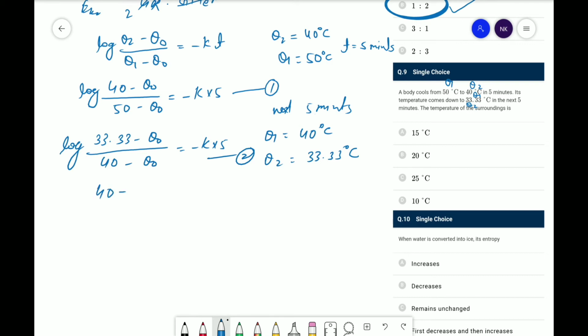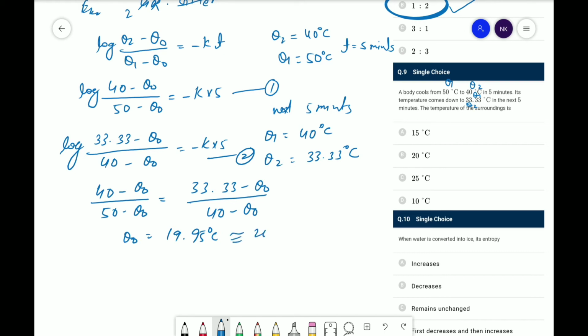Hence we get (40 minus theta naught) divided by (50 minus theta naught) equal to (33.33 minus theta naught) divided by (40 minus theta naught). On solving, we get theta naught approximately 19.95 degrees Celsius, which is approximately 20 degrees Celsius. Hence the temperature of the surroundings is 20 degrees Celsius.